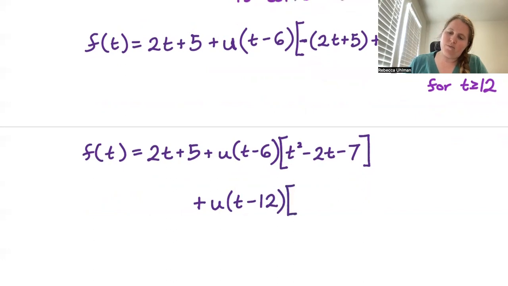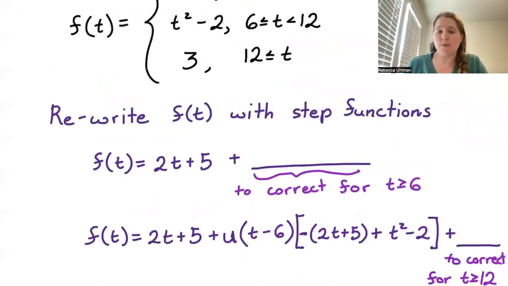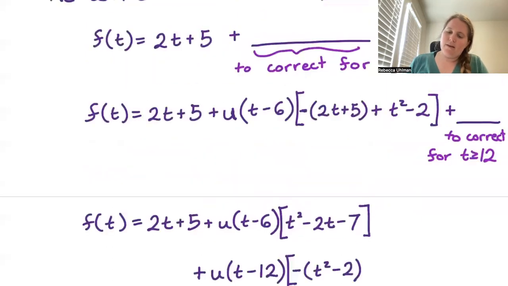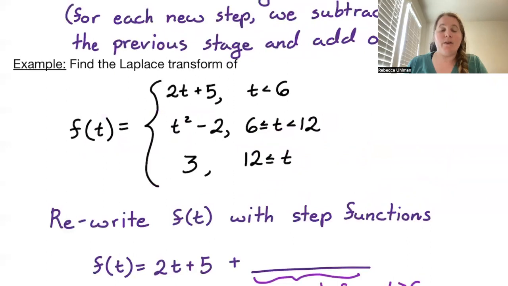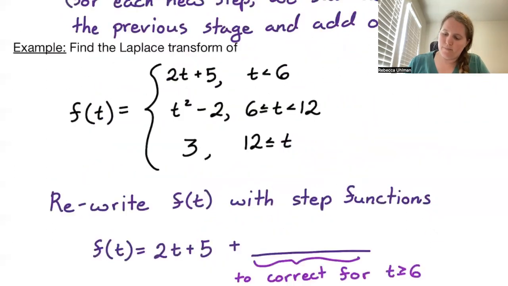The previous piece of the piecewise function was t squared minus 2, so we subtract off t squared minus 2. Sorry, not 2t, just t squared minus 2. And then we add on what we are trying to land on, which is 3.